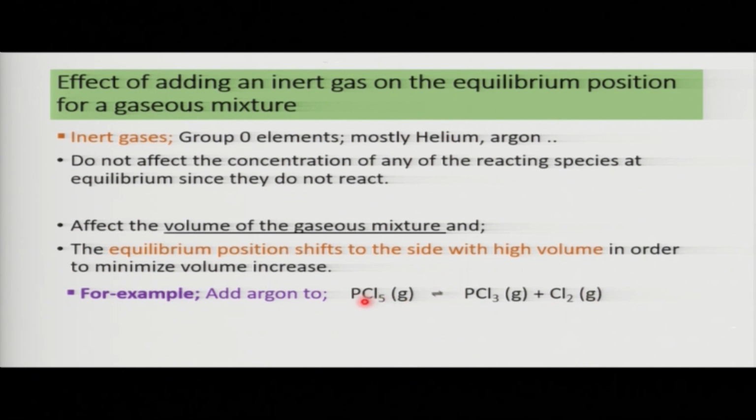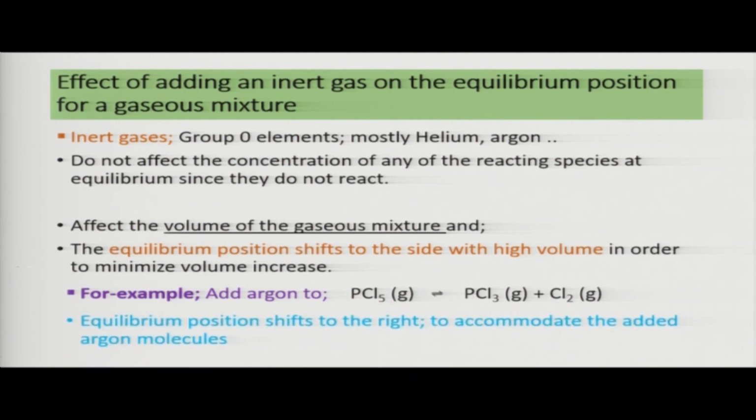If you add a gas molecule, argon, where will the position shift to? The right, because this is having more volume. 1 plus 1, this is 2, this is 1. As simple as that. Don't you see? Very, very applicable and very, very simple.